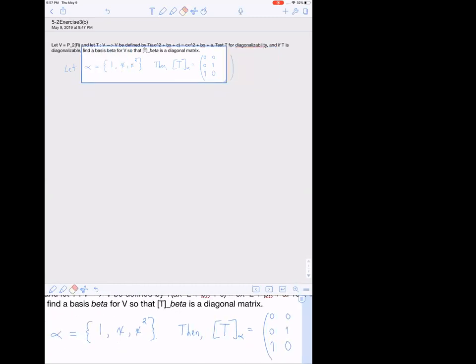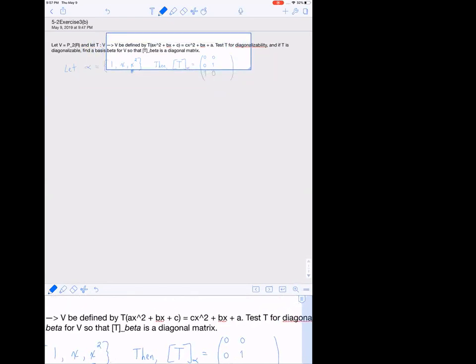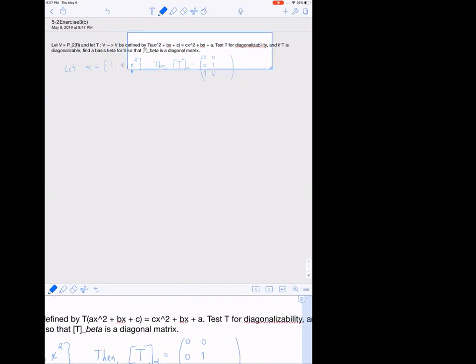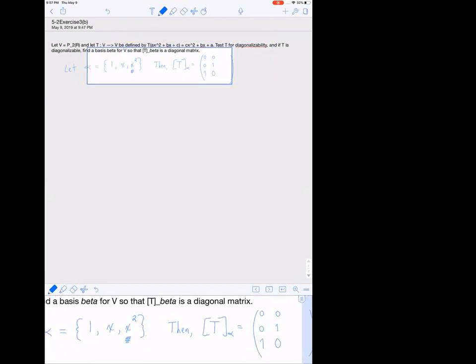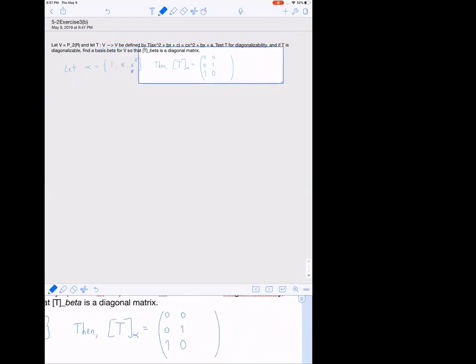And finally, when we apply T to the third vector, x squared, that would be when a is 1, b is 0, and c is 0. So then the output would be just 1. Well, 1 is clearly 1 times the first vector plus 0 times the second vector, 0 times the third vector. So the coefficients would be 1, then 0, then 0.